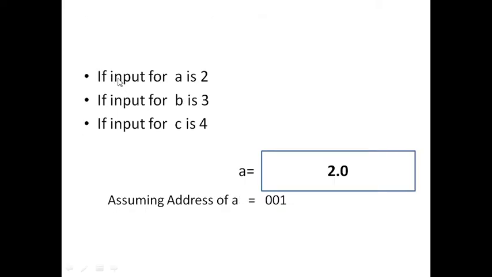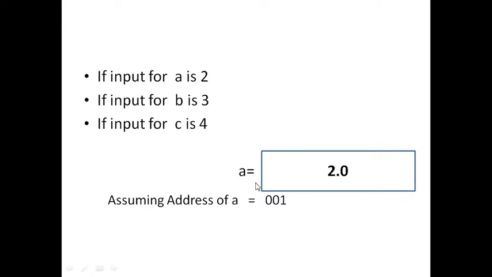Now if the input for A is 2, for B is 3, and for C is 4, then A is stored as A equal to 2, and it is stored at an address. This 001 is an address. With %f, &A represents the address where the value will be stored.